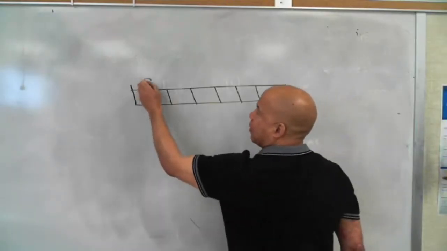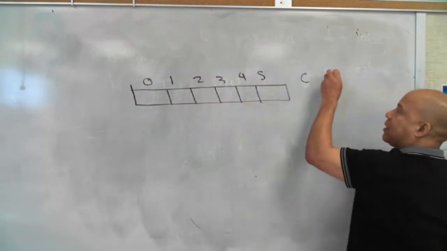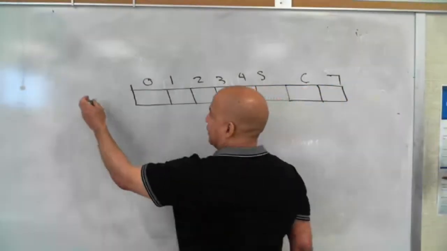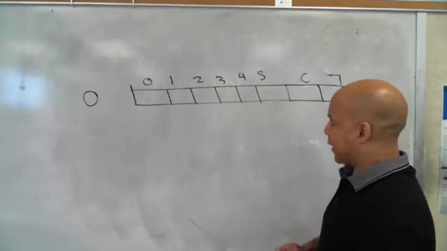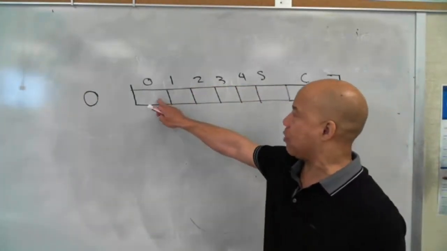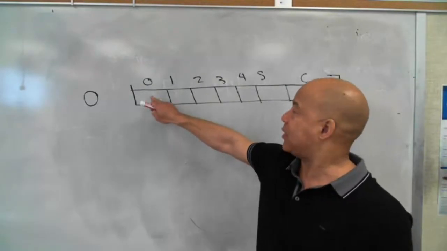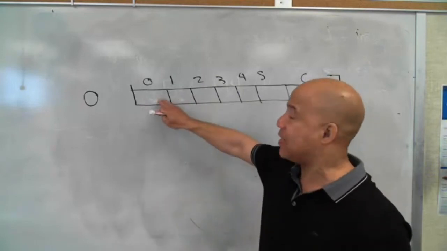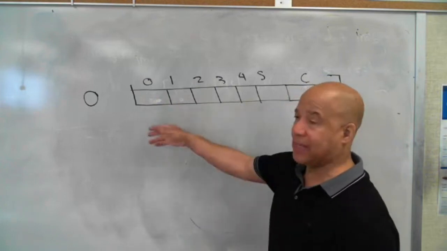So this will be cell 0, 1, 2, 3, 4, 5, 6, all the way out to 7. That's one row of the table that I just showed you, and the top one was the output module. These cells can store information. Since we're talking about digital information, a cell can store a 0 or 1. I'm going to come back to that in a second because that's not true in all cases. But with PLCs, I can put a 1 or a 0 in any of these cells.